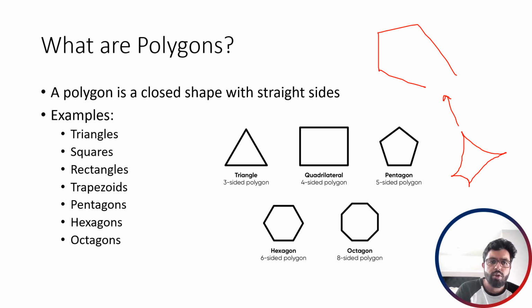So we've got a bunch of different examples of polygons, a few of them with the diagrams. We've got triangles, quadrilaterals, which is a word that you will have seen before if you've studied geometry. But basically it's any polygon with four sides. So we've got triangles, quadrilaterals, pentagons, hexagons, and octagons as examples.